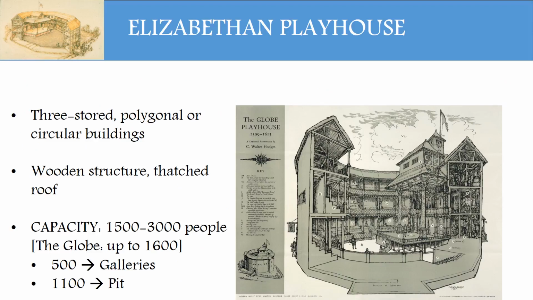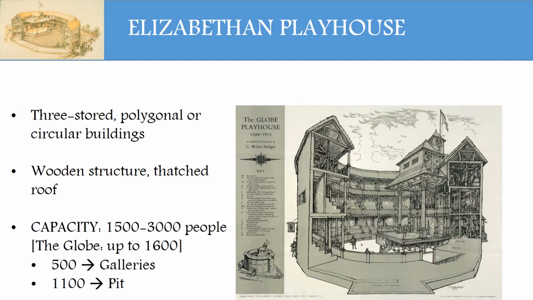Elizabethan Playhouse. The Elizabethan playhouse is a three-storied building. It is a polygonal and circular building made of wood, a wooden structure with a detached roof. A capacity of 1,500 to 3,000 people could be accommodated at a single time.